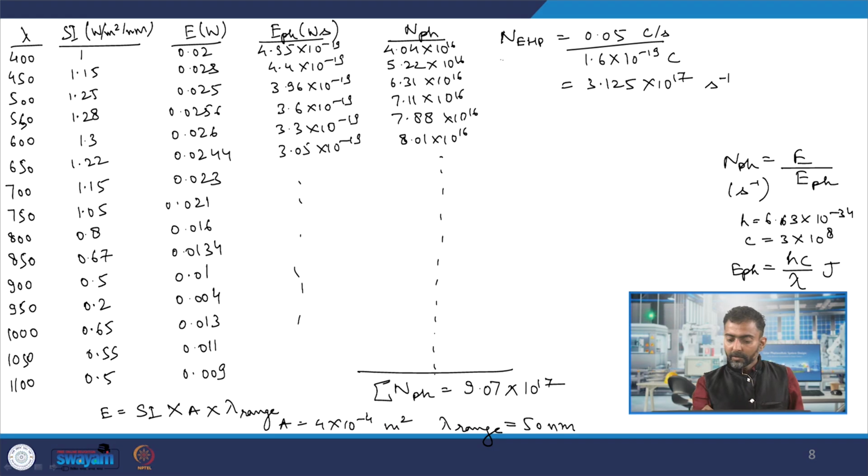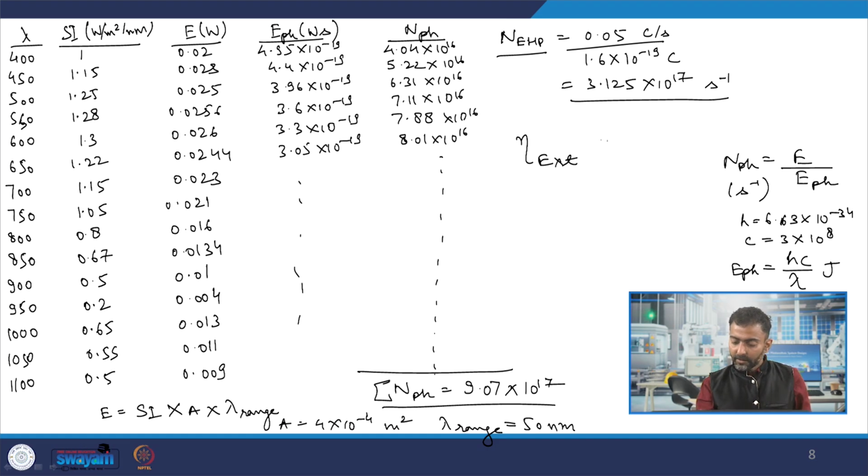So you got the number of useful electron hole pairs per second, and you got the total number of photons impinging per second. The external quantum efficiency eta ext is nothing but NEHP divided by the summation of NPH, which is 3.125 into 10 to power 17 divided by 9.07 into 10 to power 17.